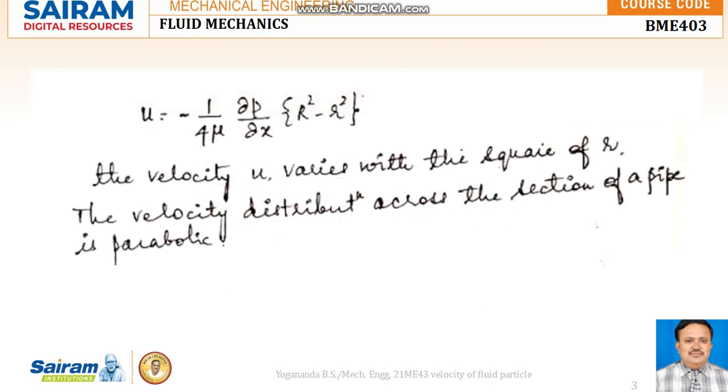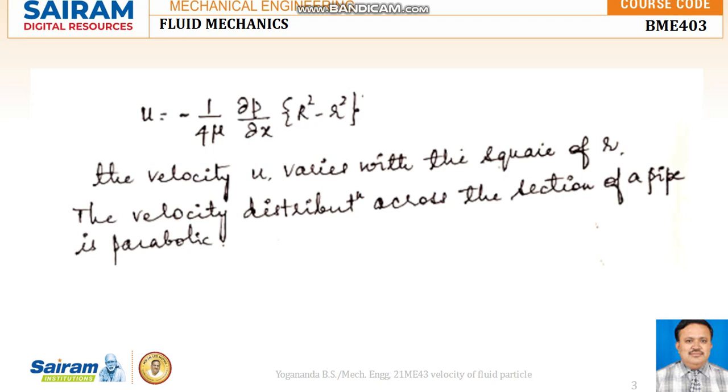We have already derived the velocity distribution equation. So u is equal to minus 1 by 4 mu, del p by del x, into capital R square minus small r square.